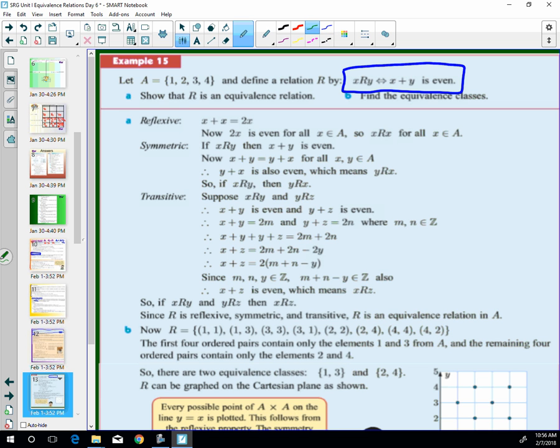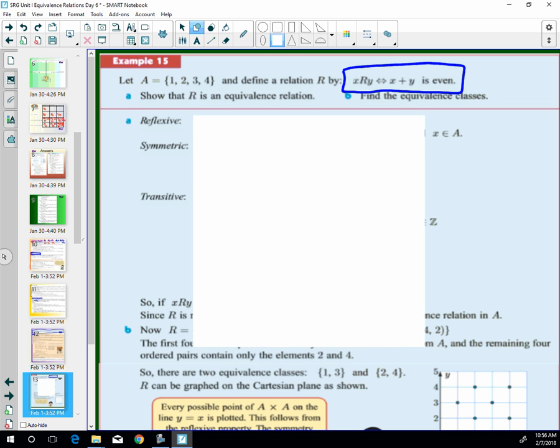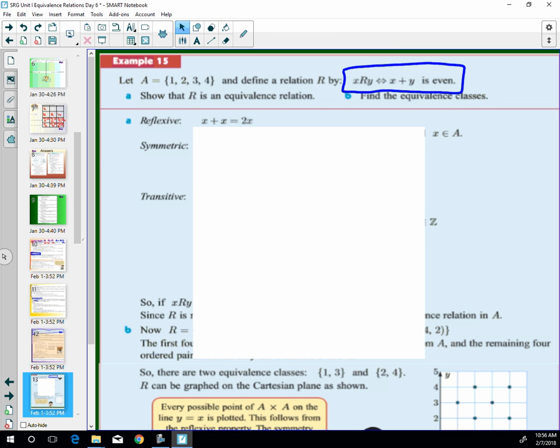So I meant to cover this up, but maybe I'll do that right now. I'll just move it to kind of guide you in the video. So if you took X plus Y, if it's X R X, which is reflexive, you get X plus X equals 2X.